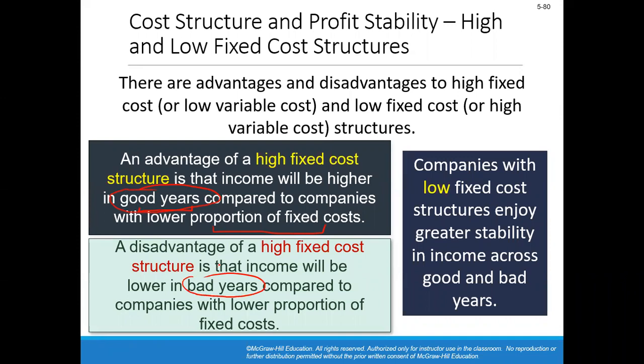Okay. So the general thing is that when companies have a low fixed cost, this is the reason why you love the variable cost. When companies have a low fixed cost, they have more stability, more flexibility, and they can be in a safer position both in good and bad years. Okay.